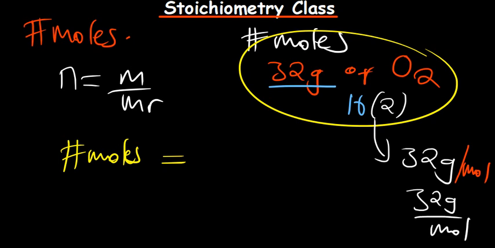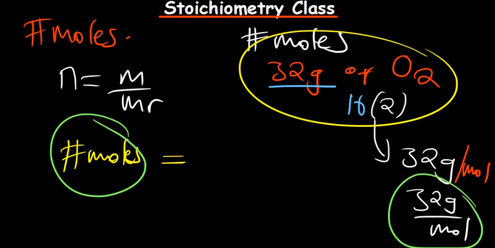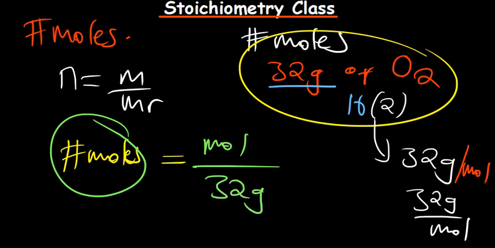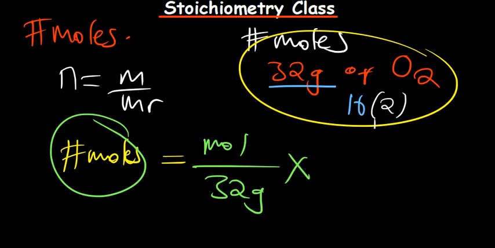So 32 grams per mole. In this case, I'm interested in determining the number of moles. What do I do? Since it is 32 grams per mole, I want the moles to be on top. So it's going to be mole over 32 grams. And then I multiply by, I know I want to do away with the grams.